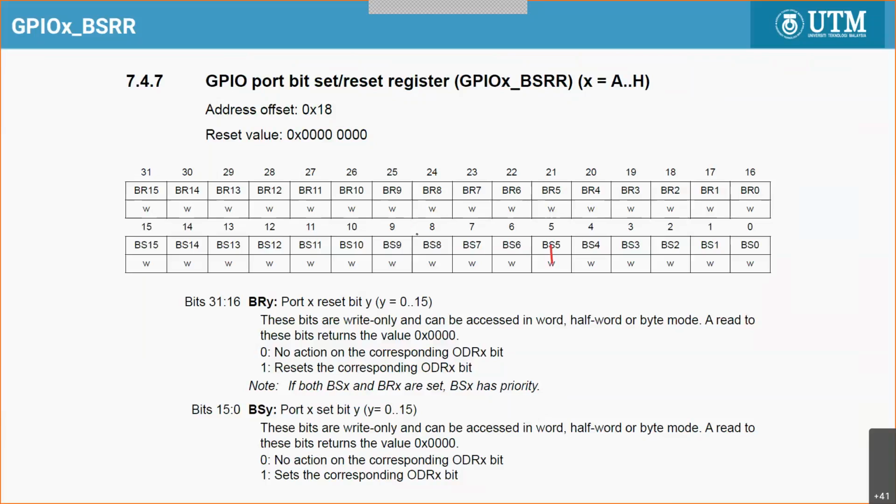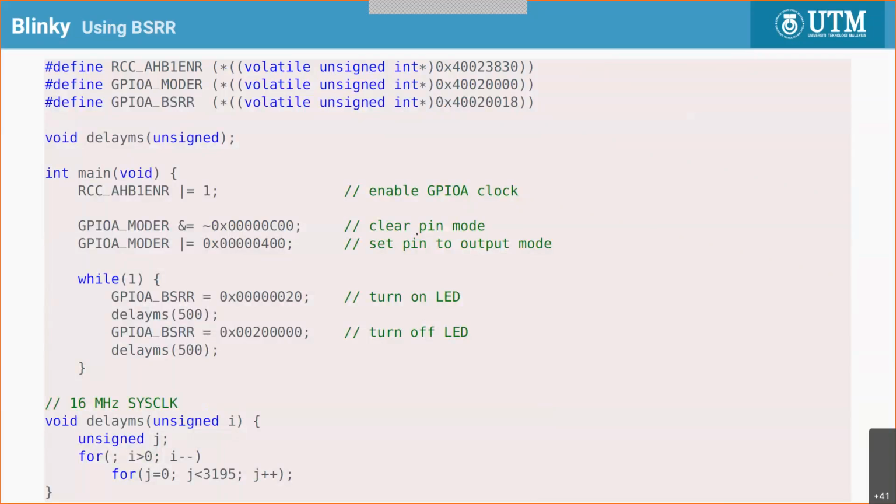And if I want to reset, I send data here. But the thing is, this whole thing is one long register, a 32-bit register. Okay, so you can do the blinky using BSRR also. So you can see here the data that you send to turn on and off at different places.